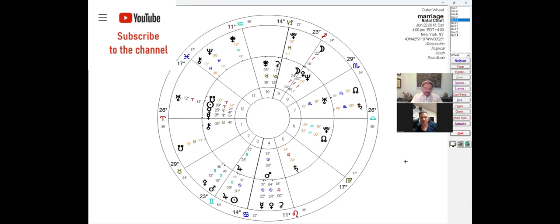And Venus, marriage, relationships, the ruler of your seventh house is on that Mars in the fourth in Cancer. So we see a lot of cardinality in the marriage milestone, another obviously rite of passage, and another form of reinventing yourself.